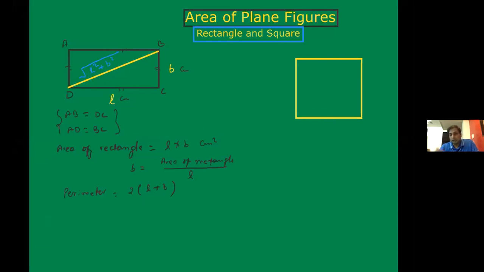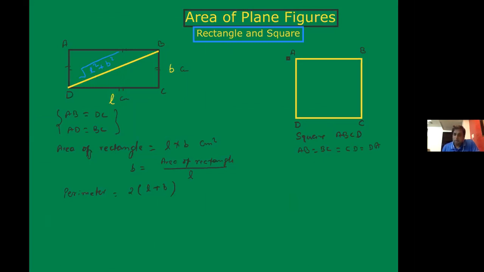A square is where all the 4 sides are equal. If I say the square ABCD, all the sides are equal, meaning AB equal to BC equal to CD equal to DA. It can be any length. Suppose all the sides are x centimeter.